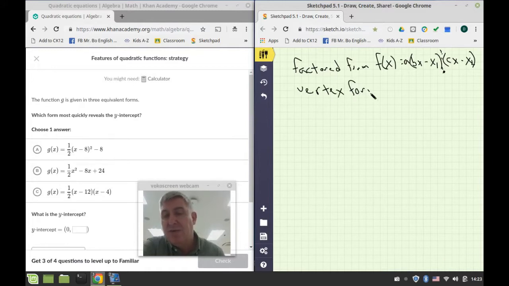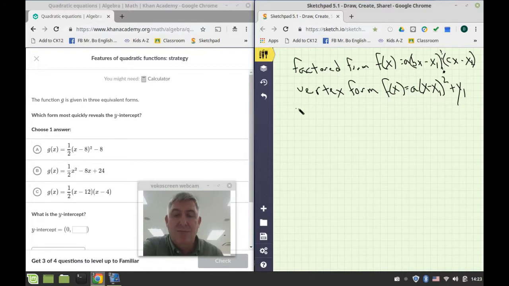And then the second thing we did in Khan here was the vertex form, which is equal to a times x minus x1 squared plus y1, and x1, y1 is the vertex, so it's easy to find the vertex from here.